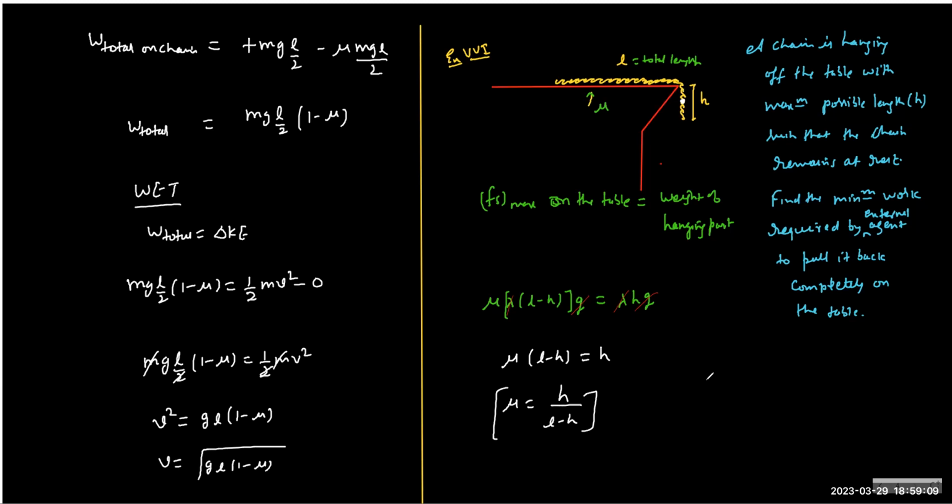The weight of the hanging part is lambda h. Yes, sir. Okay. I'll just teach you how to do this. In fact, I hope you can do it on your own. Can you do it on your own? Do you have any realization how we can do it?